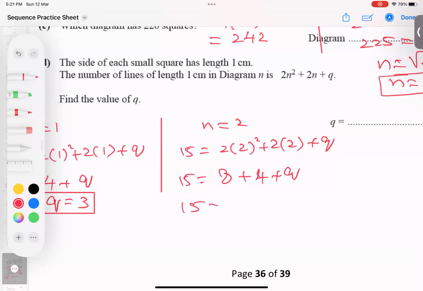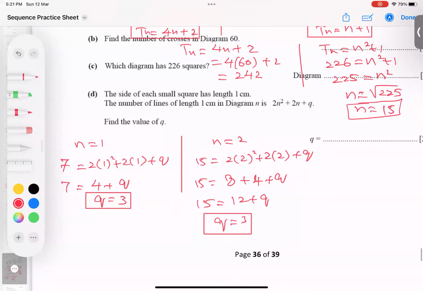So 15 equals to, this is 12. 12 and subtract from 15, again I got the same answer. So no problem at all, you use any way. I'm writing or here. Use this technique or use this technique. So I believe you learned a new technique for how to handle this kind of question, okay?